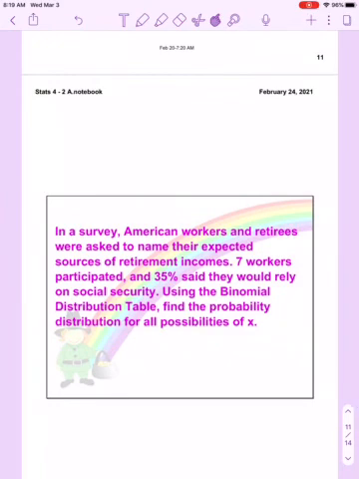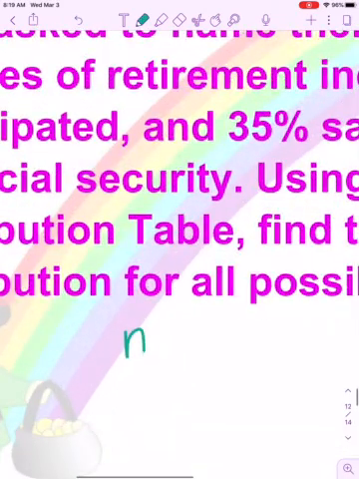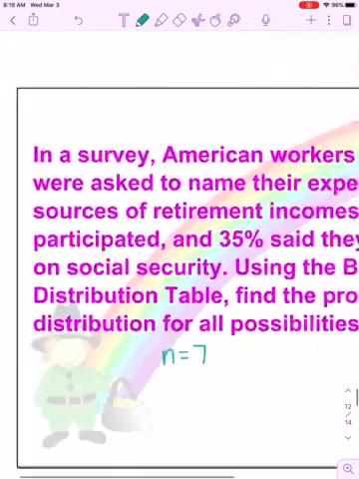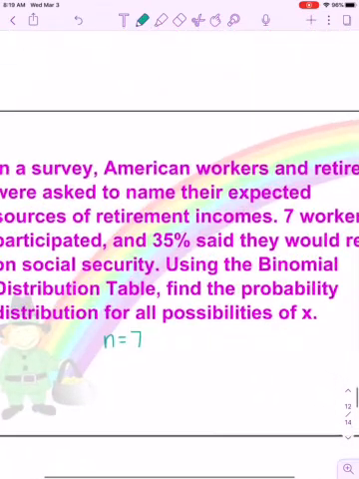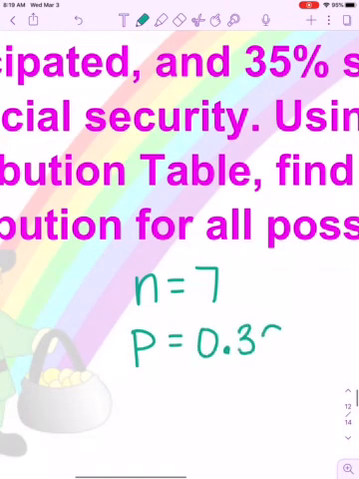Okay? So this says, in a survey, American workers and retirees are asked to name their expected source of retirement incomes. 7 participated, so there's your N. 35% said they would rely on Social Security. So your probability of Social Security is 35%. Okay?